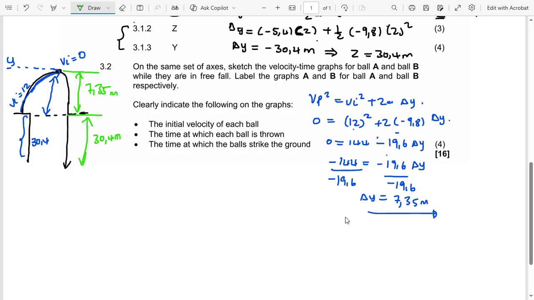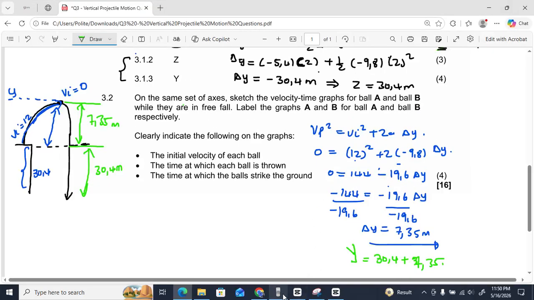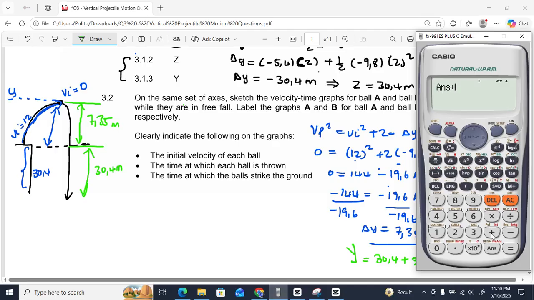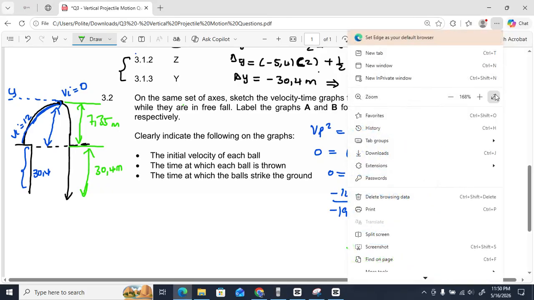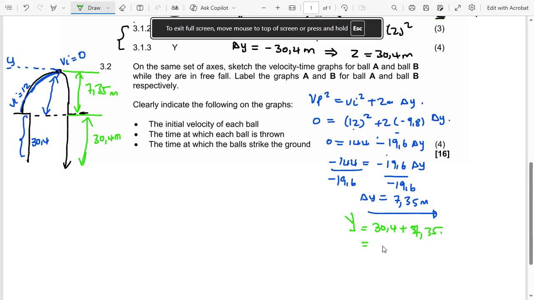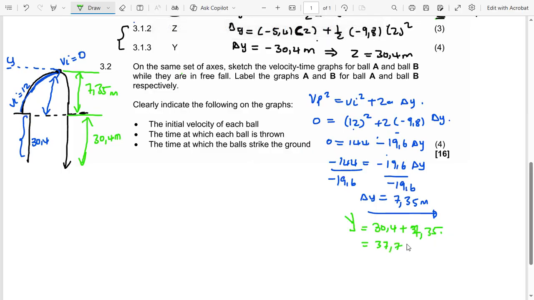So this tells you that at y, the distance will be 30.4 added to 7.35, which gives 37.75 meters. And that's it. Easy enough.